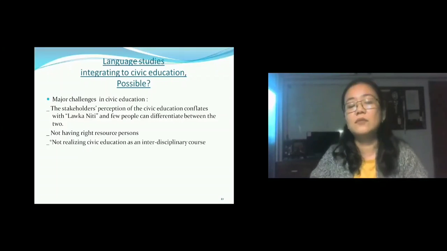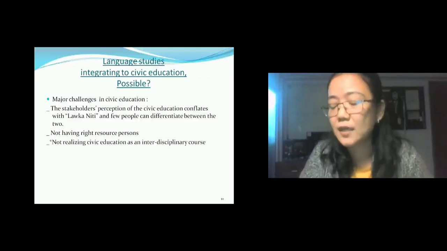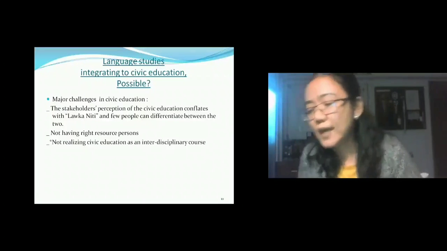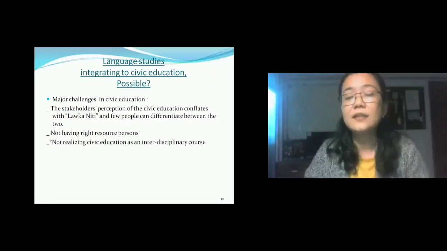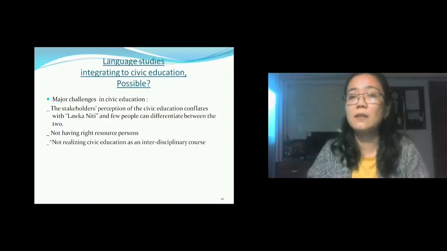The thing is, people are not realizing civic education as an interdisciplinary course. So the challenge is about the content. People don't have enough inspiration for finding what kind of topics will be in their program.